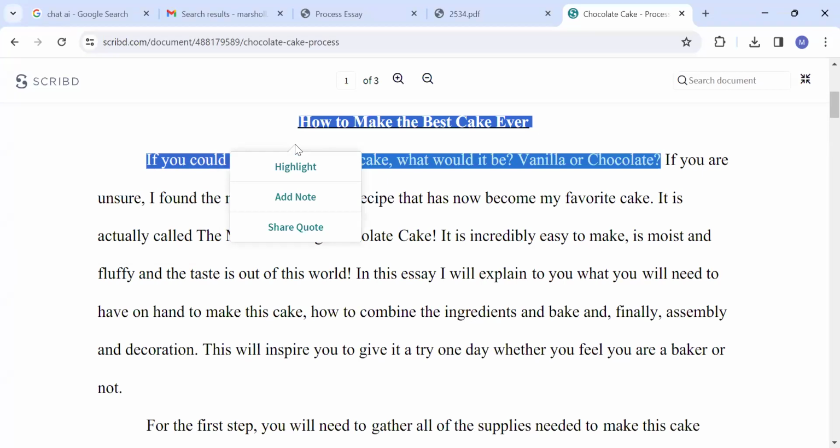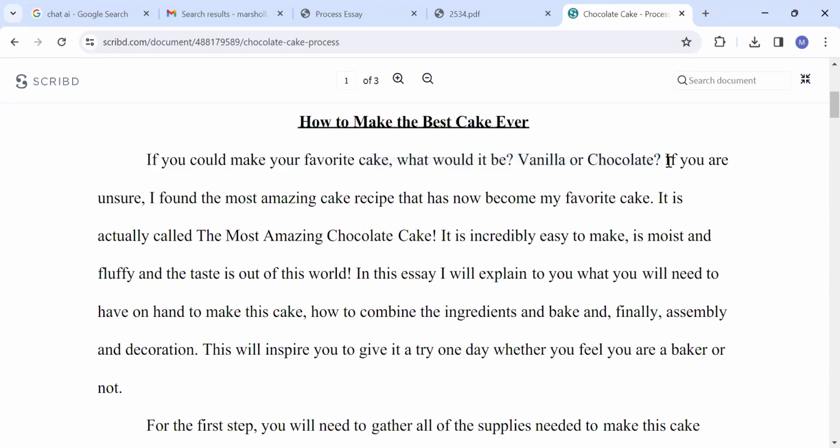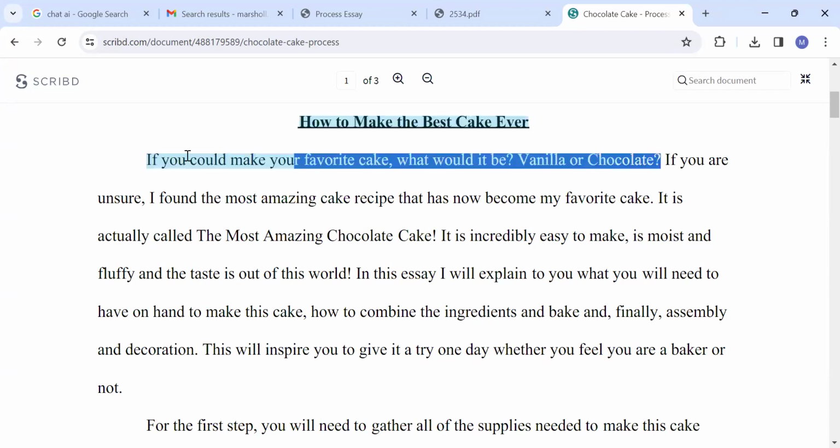However, you can say something like, making a cake is a fun and easy process. That's a better introductory than stating vanilla or chocolate. But again, they're going to start off with your hook or your introductory.